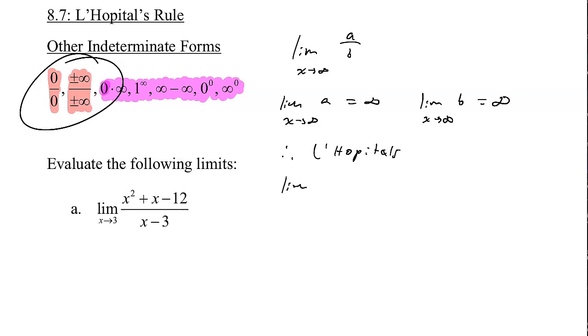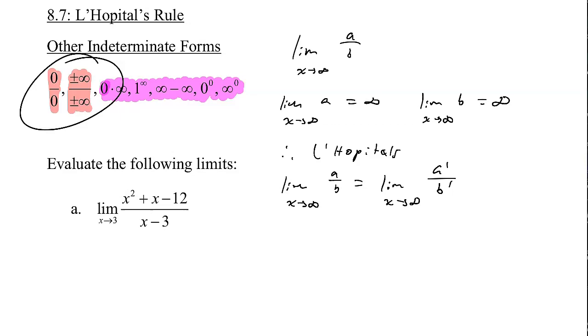And that allows me to say that the limit as x approaches infinity of a over b is equal to the limit as x approaches infinity of a prime over b prime. So just remember, this is the derivative of the top over the derivative of the bottom. This is not the quotient rule, so make sure you're not mixing those up.